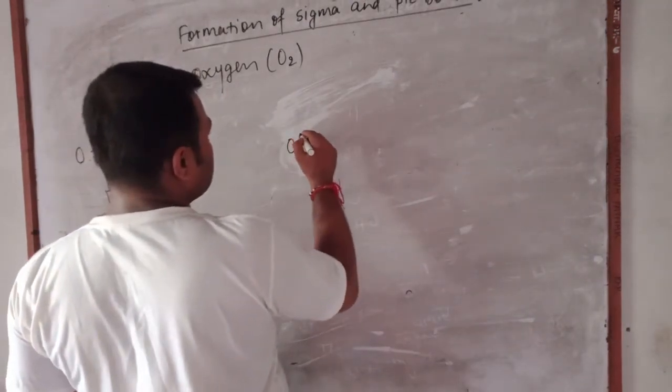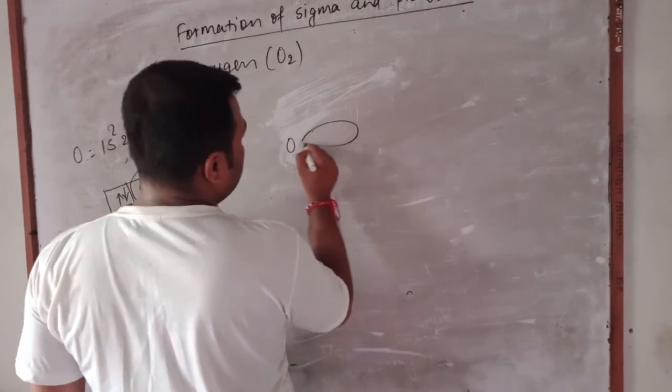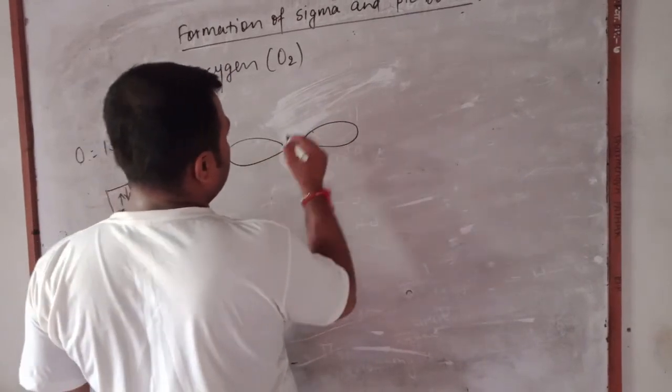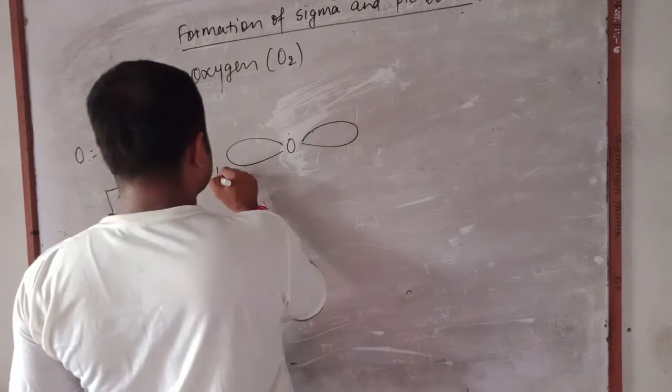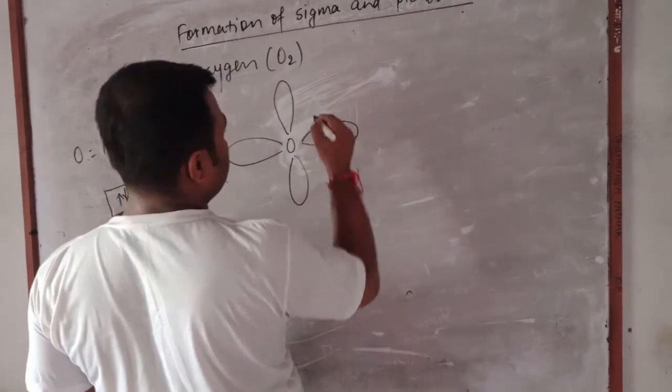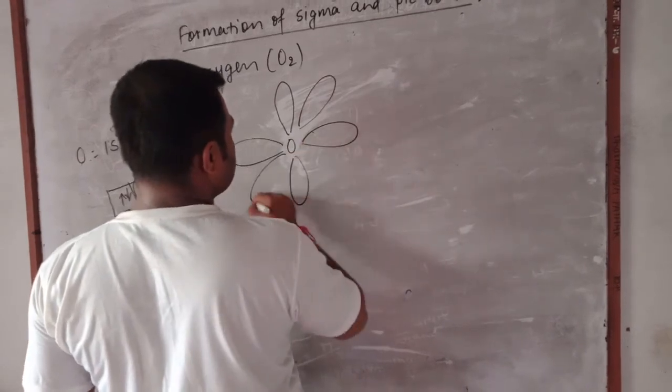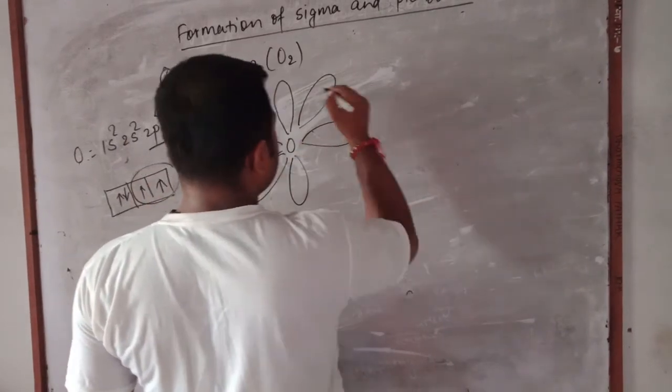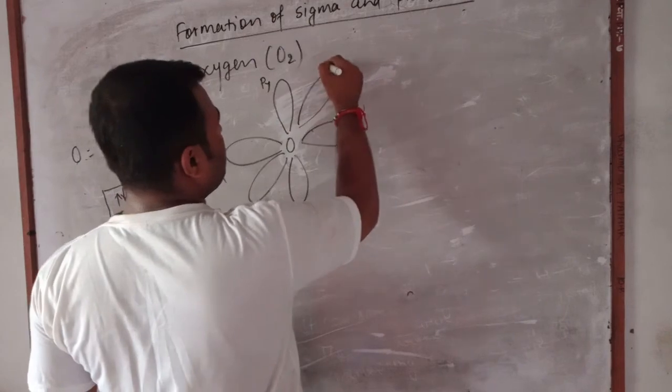We draw oxygen with px, py and pz. Suppose this is py and pz.